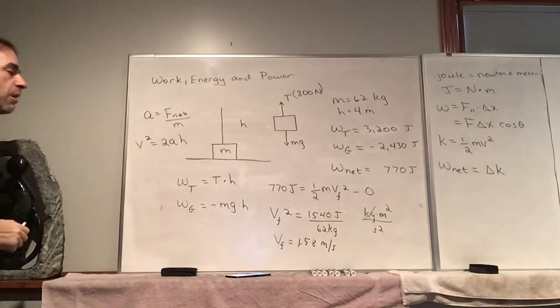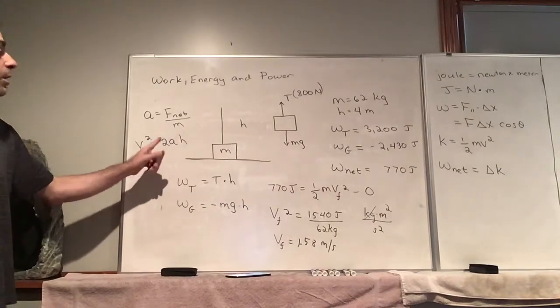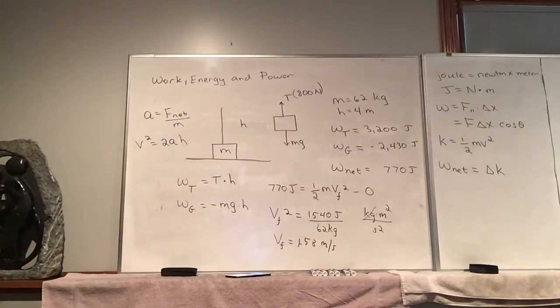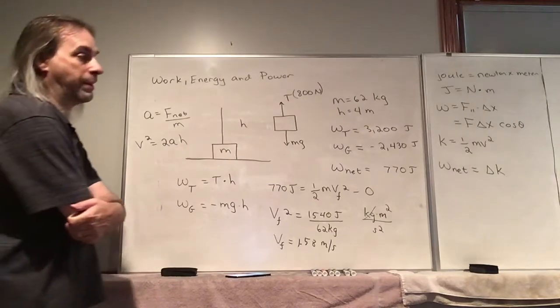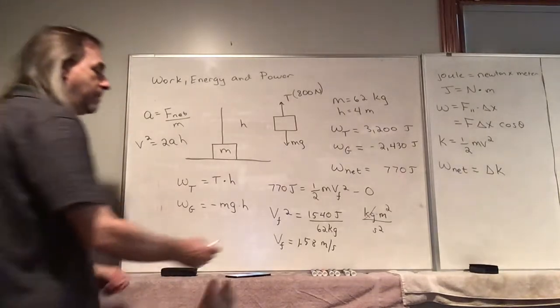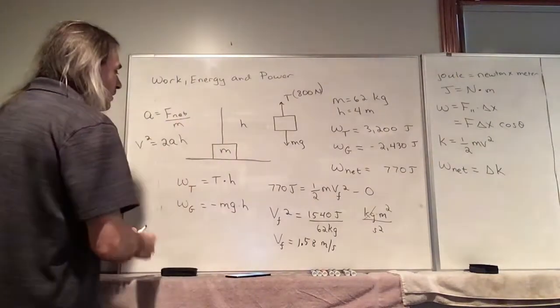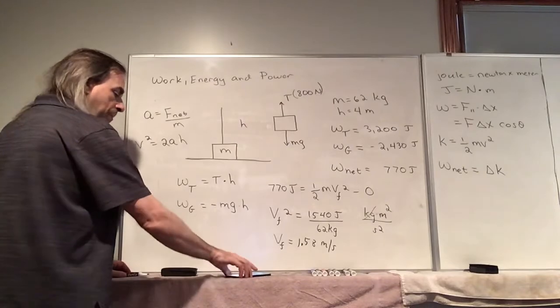If we assume we started out at rest, we'd have v squared equals v naught squared, that's 0, plus 2a times the displacement, which was h. And so we should get the exact same number if we do it that way as well. Why don't we do it? I said the exact same number, but there will be a little rounding error. But we'll do it this way as well.